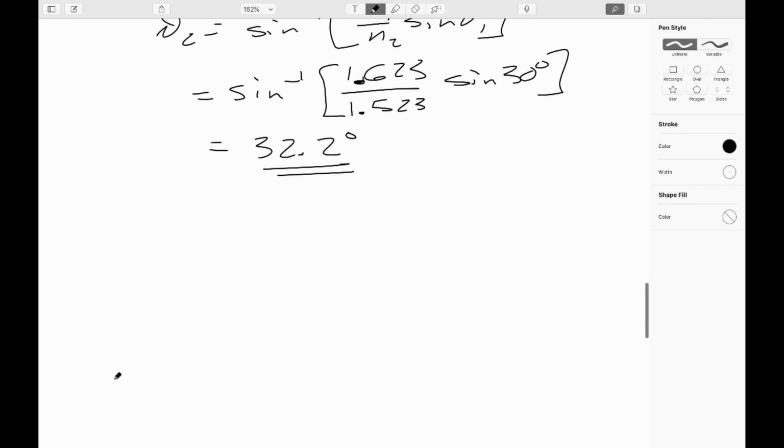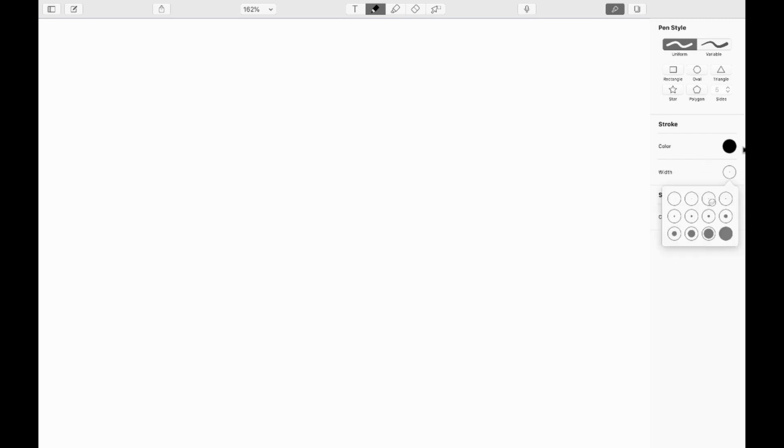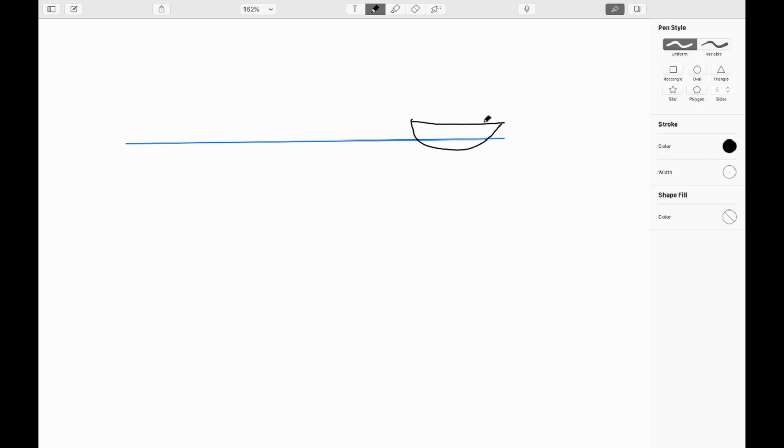I thought I would finish this one up by doing another fun application. Let's say you are sitting in a boat. So here's some water. Here's your boat. There's you sitting in the boat, very happy about it all.